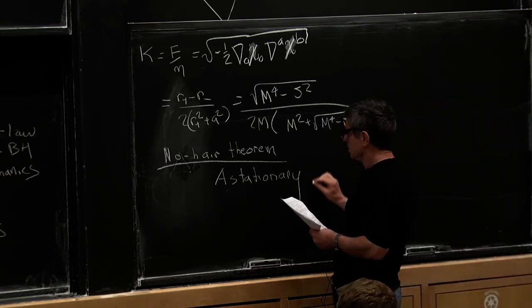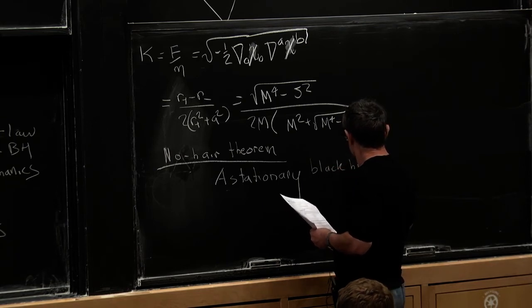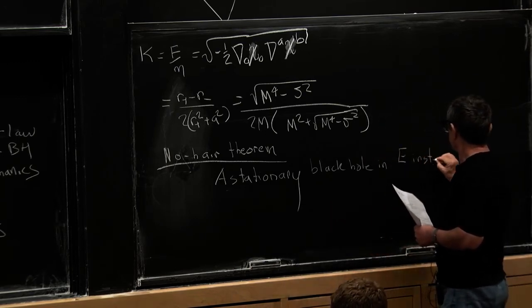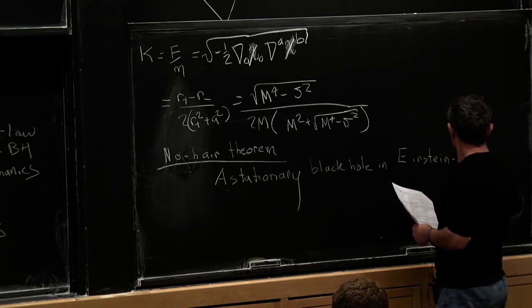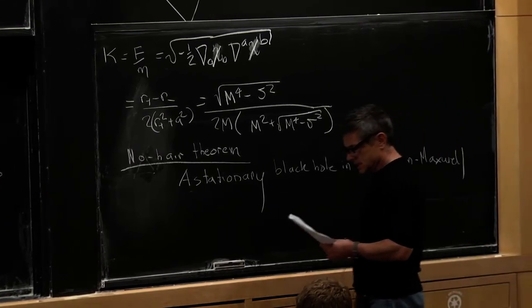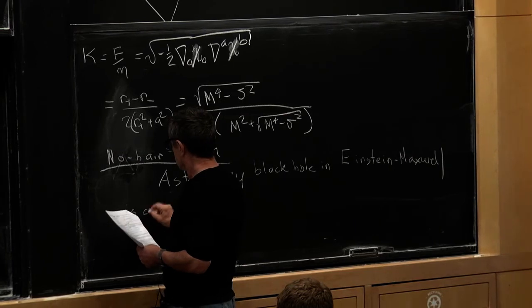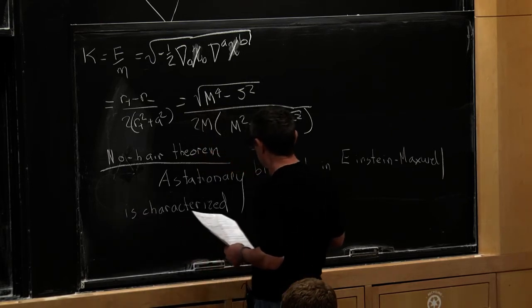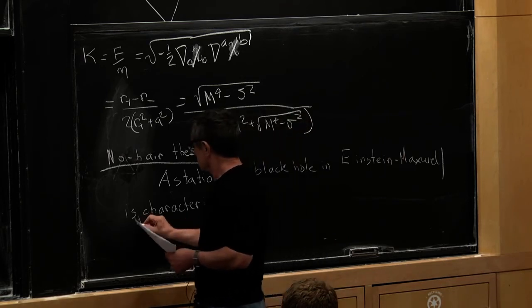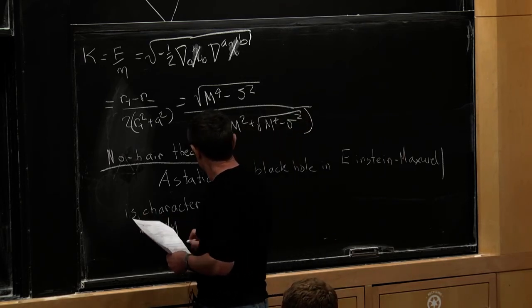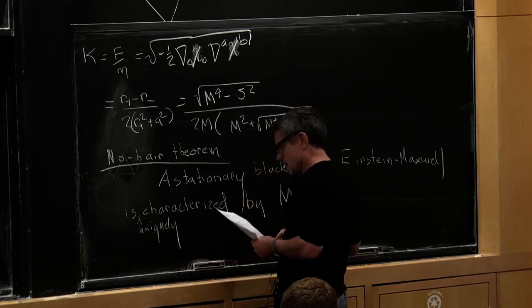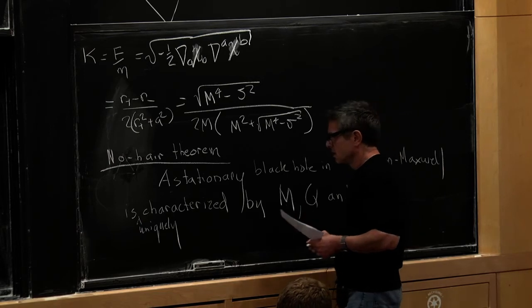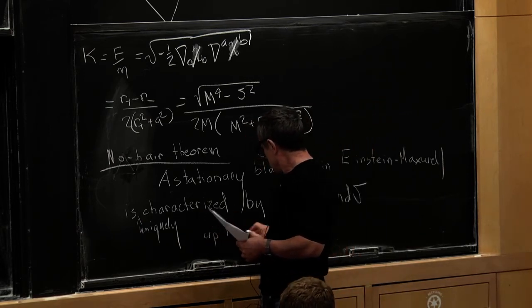But a stationary black hole in Einstein-Maxwell theory is uniquely characterized by the three parameters M, Q, and J, up to diffeomorphisms.